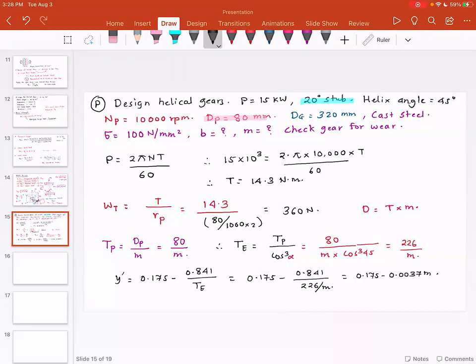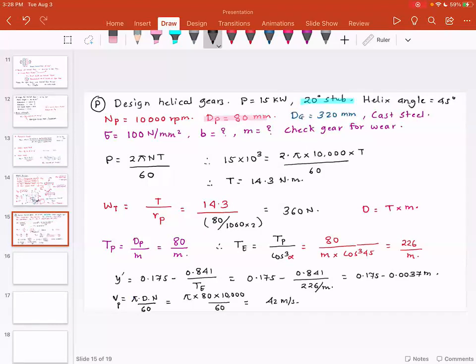As we know the diameter, the pitch line velocity is given as pi d n divided by 60: pi times 80 times 10,000 divided by 60, which is finally 42 meters per second.